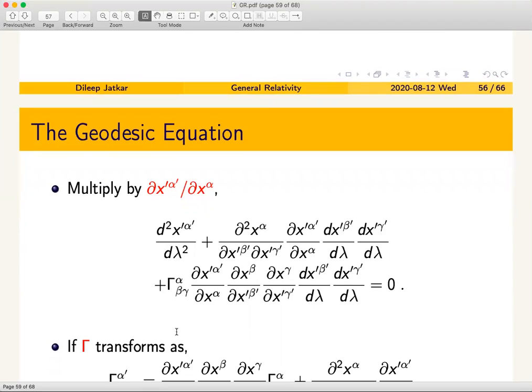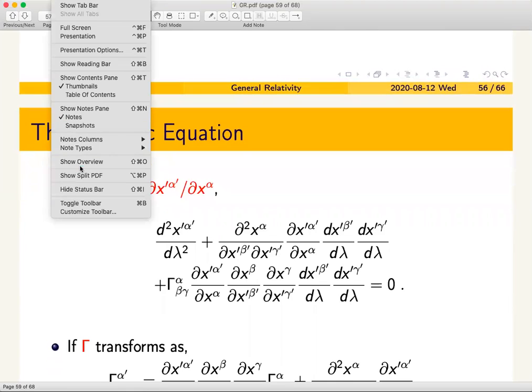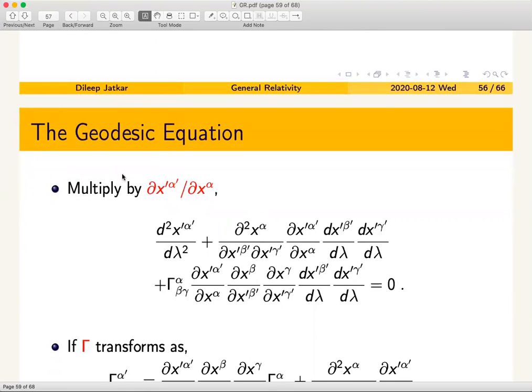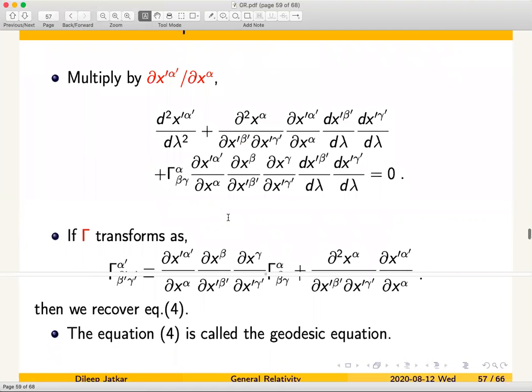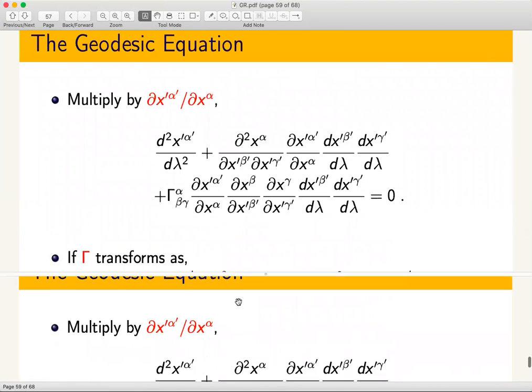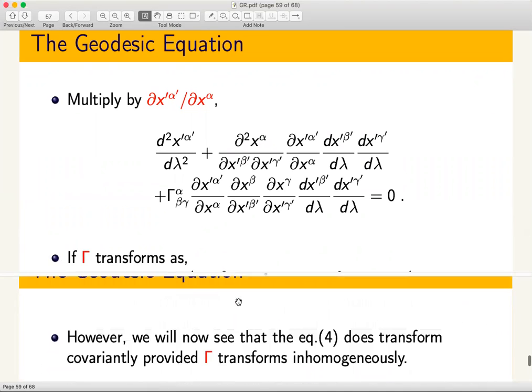We want to claim that the first part of this expression looks the same as the first term in the other equation. So let me see if I can do a small trick to see that equation simultaneously. Can you see the second screen below?